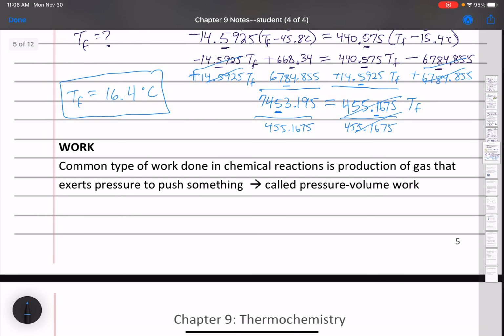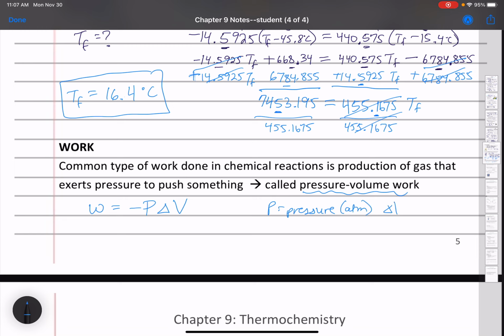Work can also be solved for. The work that's done in chemical reactions is usually work that's done by a gas when it exerts pressure to push something. And we call that pressure volume work. The formula for it is that work equals negative P delta V, where P is pressure in atmospheres specifically.